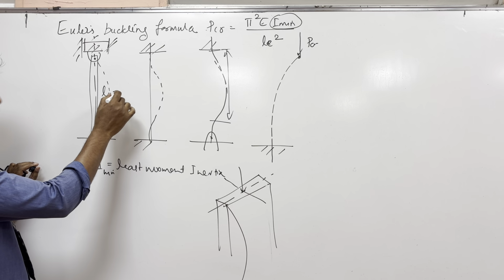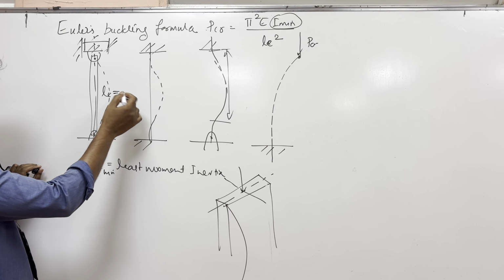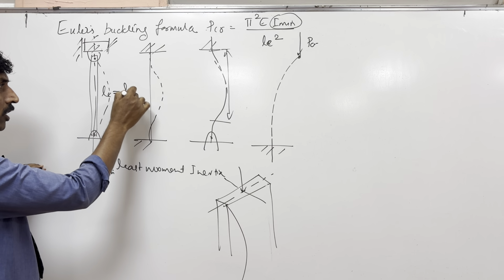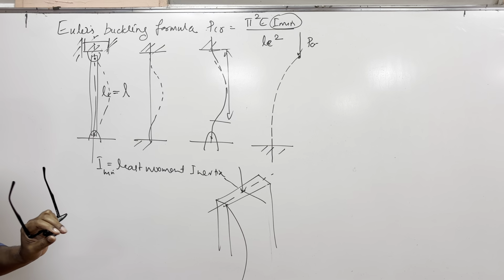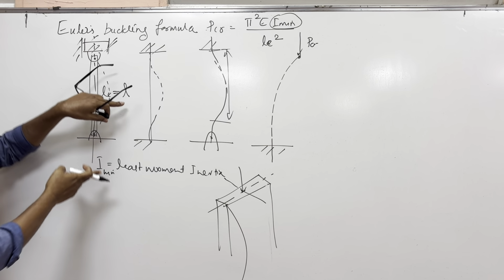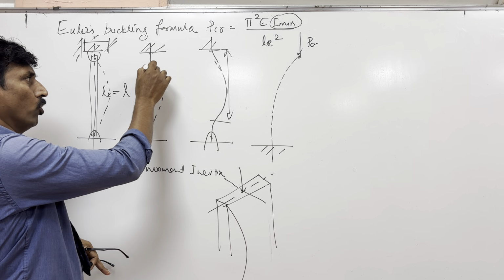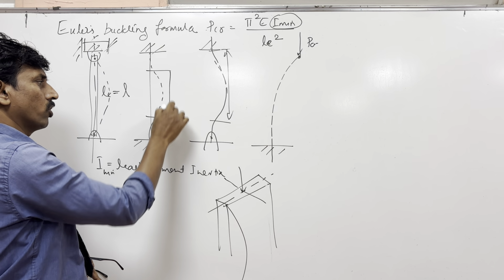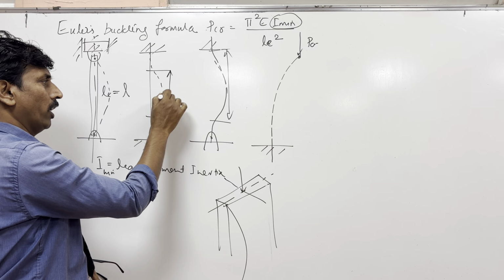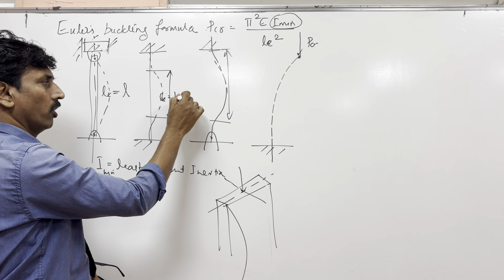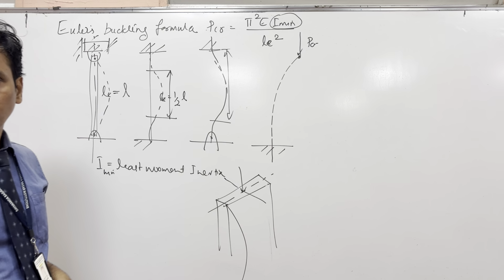We have already seen the effective length, LE. For this case, do you remember, guys, LE is equal to the actual length of the column. If this is 1 meter, then the effective length is 1 meter. If it is fixed at both ends, LE, the effective length, is half of the actual length.